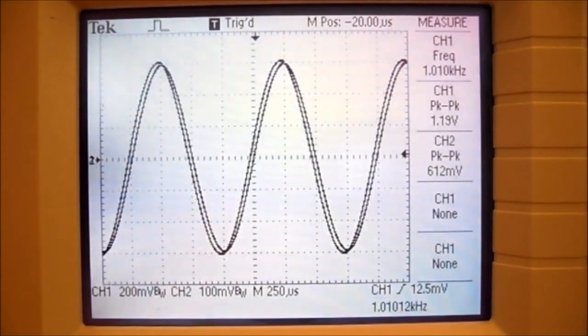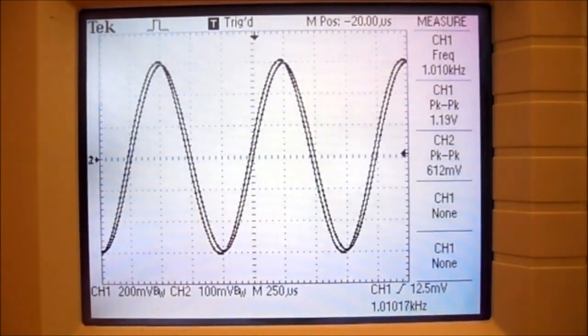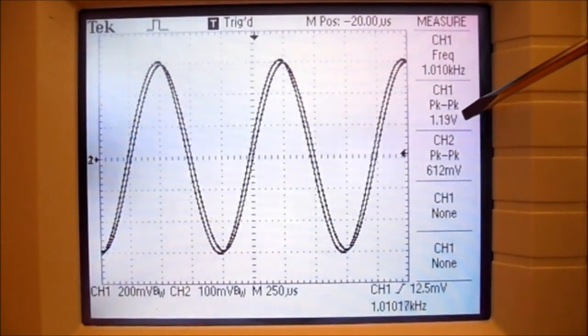So looking at the output of my oscilloscope, you can see the frequency is close to 1 kilohertz. It's 1.01 kilohertz. My channel 1 peak to peak, we were trying to get 1.189 volts peak to peak. I've got 1.19.